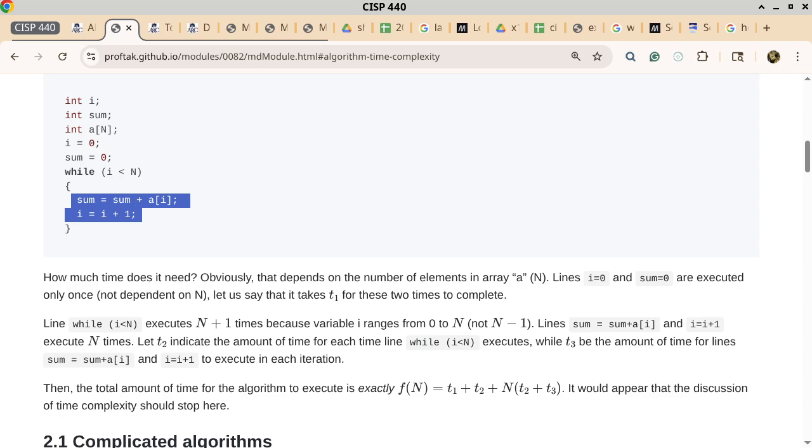This condition here will take n plus 1 times. There will be n plus 1 times that we have to evaluate this condition. Why is there a plus 1?